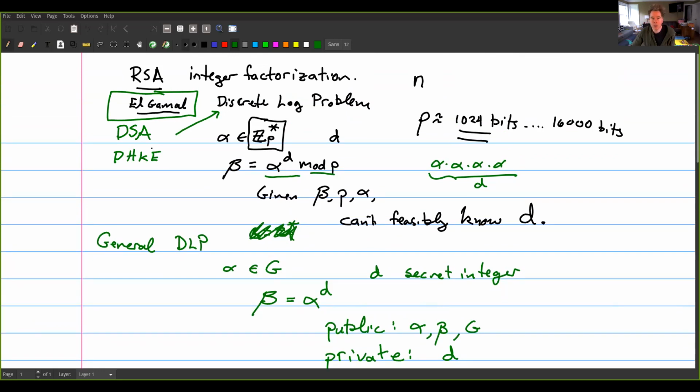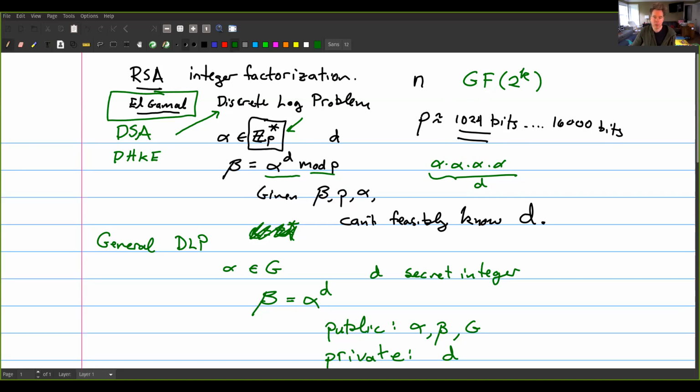All of these things you can do over any group, and it may be more or less secure depending on which group you choose. Obviously you can do it over ZP star. Sometimes people do it over GF 2 to the K or something like that, but there are security issues with this, I think.